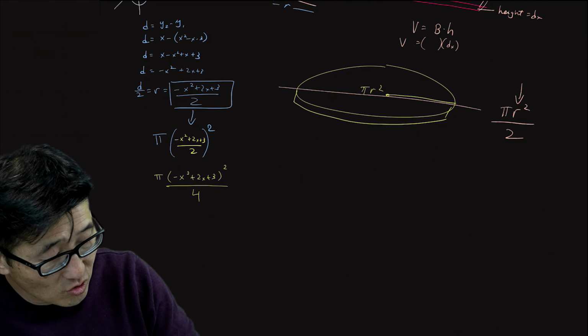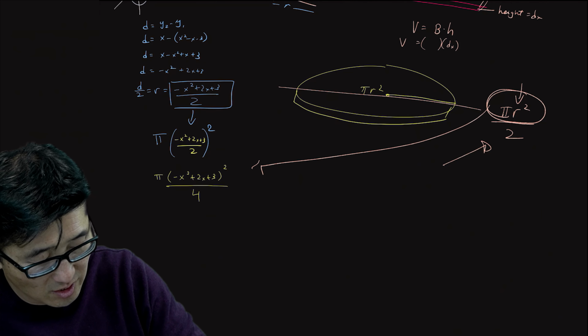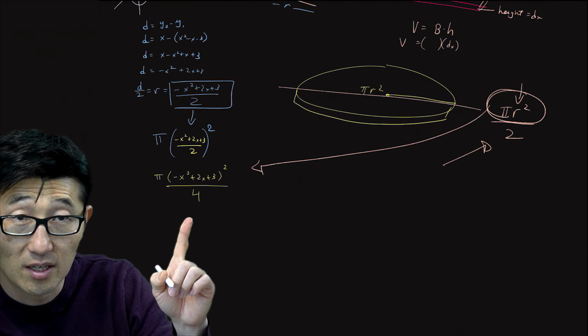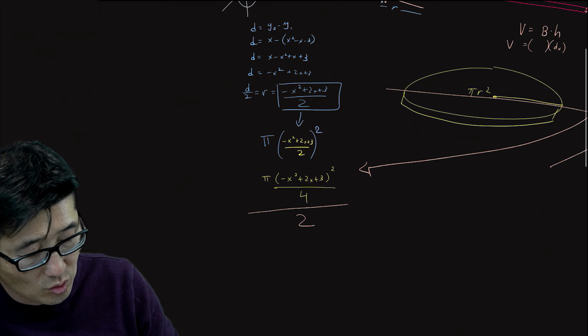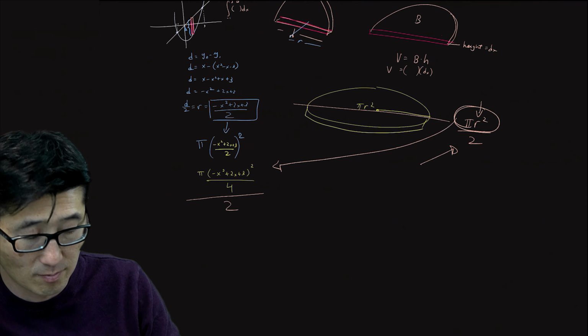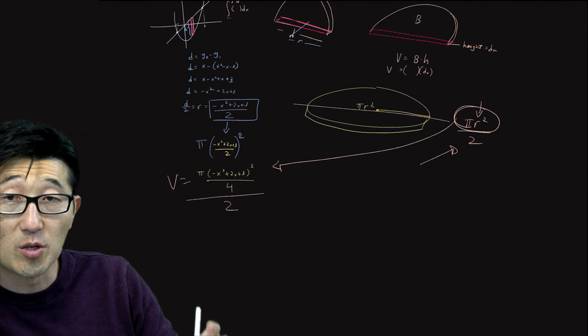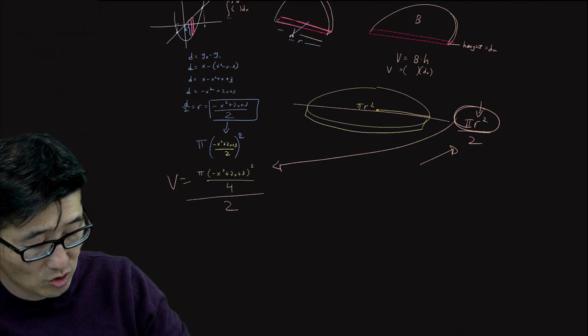So this part here, you see it? That's this whole thing. We have to take that and divide it by what? By 2, so that we have half the volume, not the full volume. So this would be the volume of the whole circular thing. We want to take that and divide it by 2.